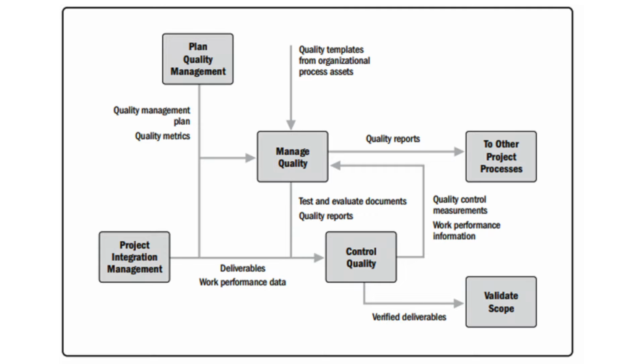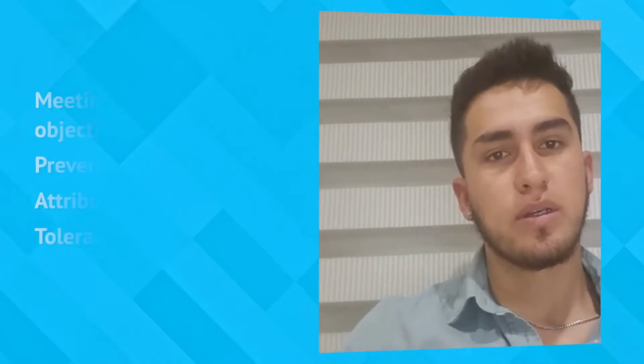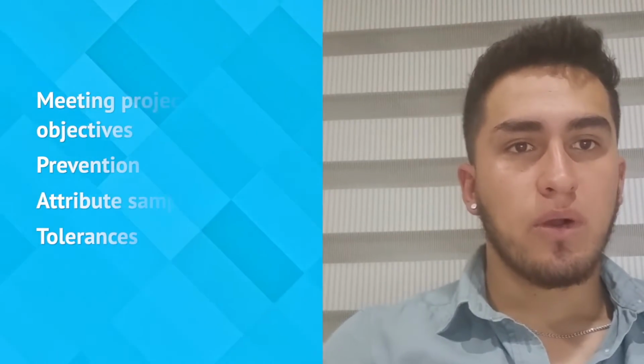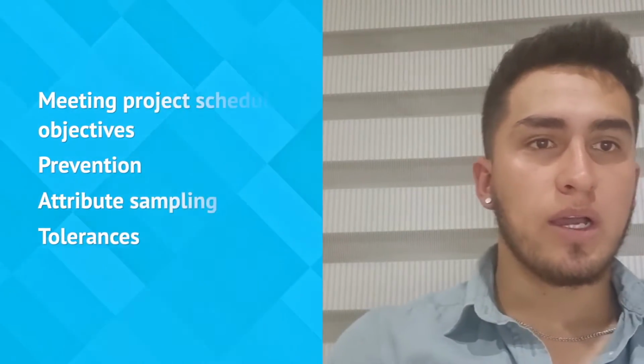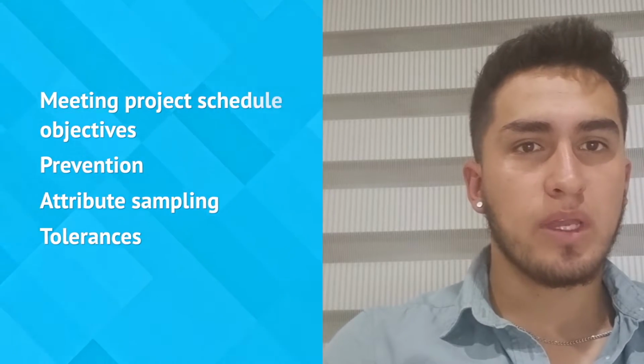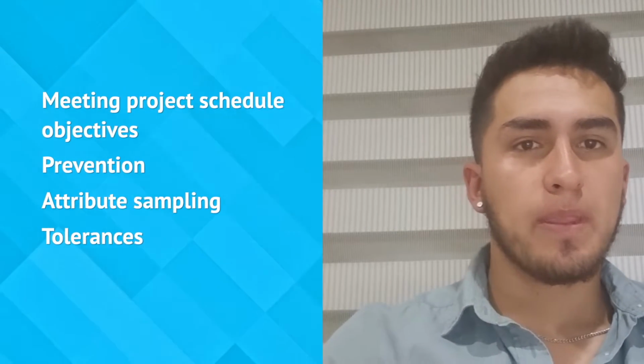Meeting project schedule objectives by rushing planned quality inspections may result in undetected errors, decreased profit, and increased post-implementation risks. Prevention: keeping errors out of the process. Inspection: keeping errors out of the hands of the customers.